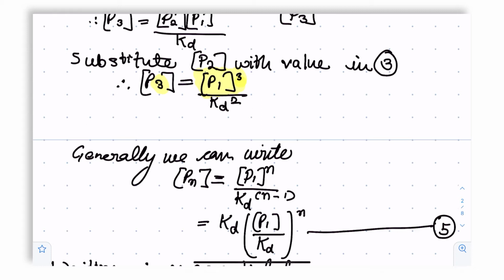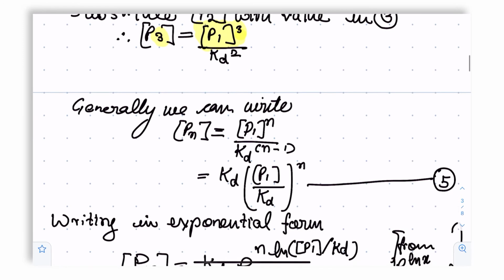If the volume is constant, it's just the number of filaments of a certain length, is equal to P1 to the power n upon Kd to the power n minus 1. And if you take Kd out, because we'll see it becomes a little more useful, then we get Kd times P1 upon Kd to the power n.